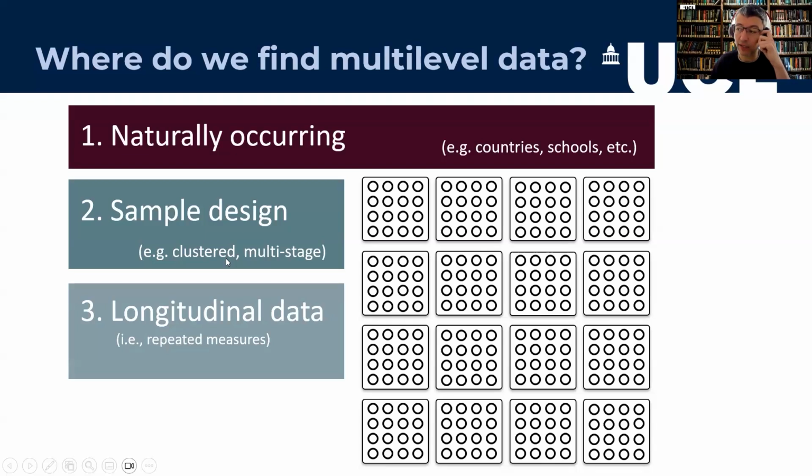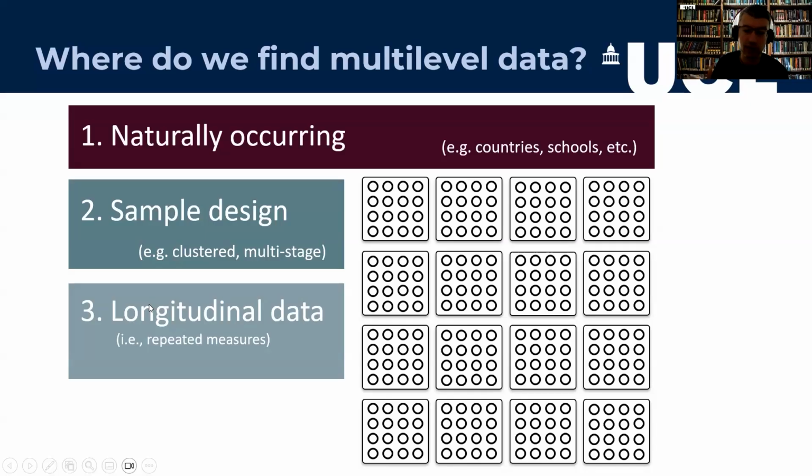And then the other case of multi-level data that is slightly different than the ones that we have mentioned so far is when you have the same person that is observed at different times. So in these cases, technically, the data is also clustered within the same individuals over time. But when we have repeated measurements, we usually call this data longitudinal data.